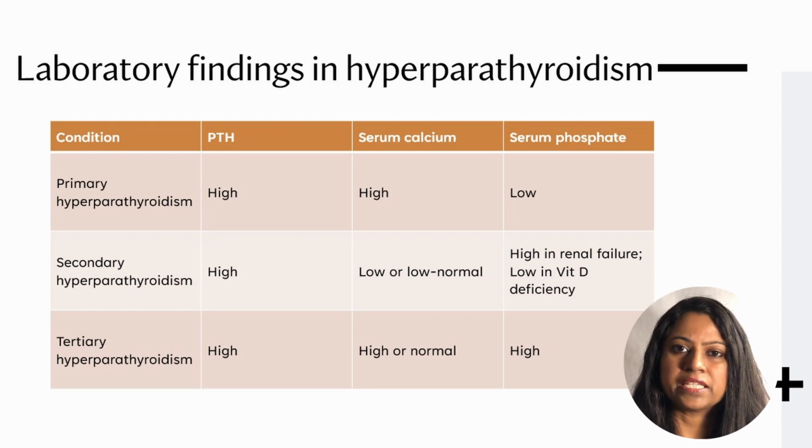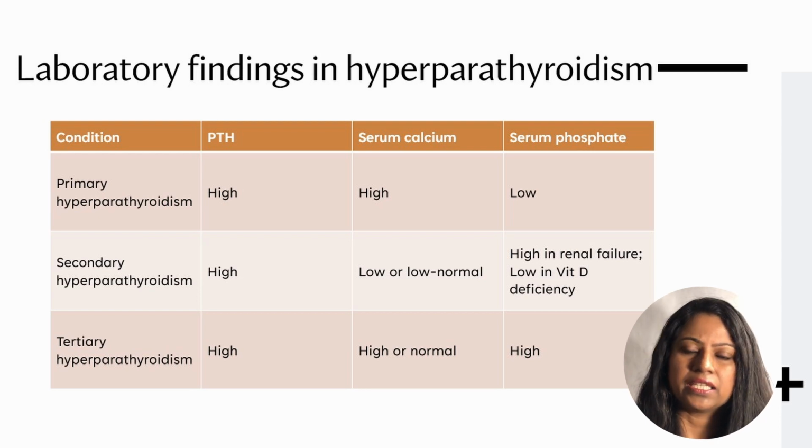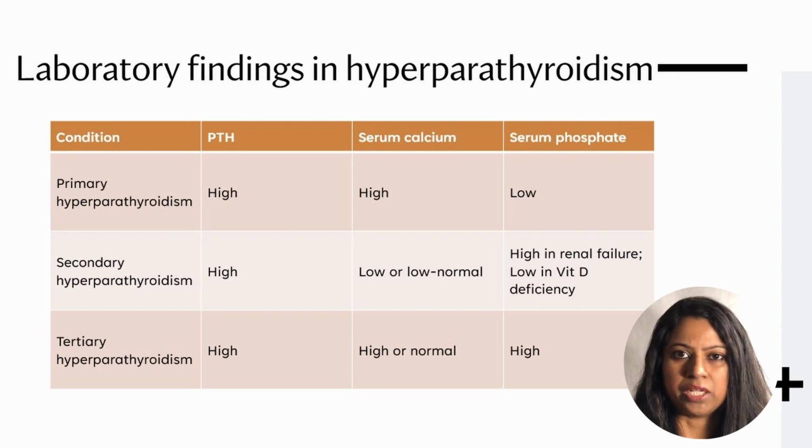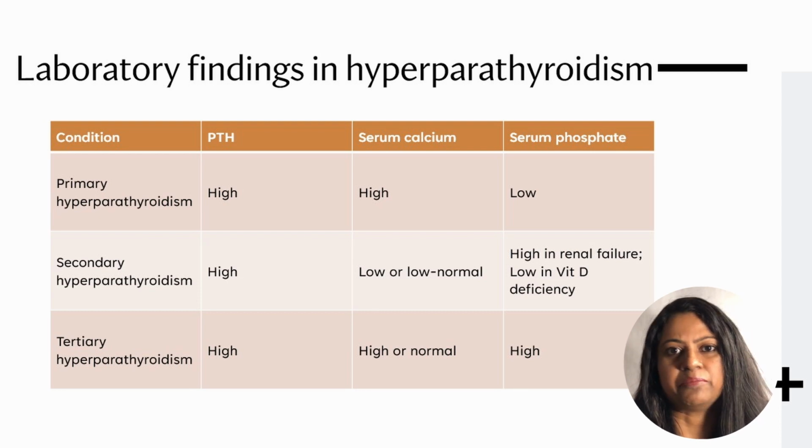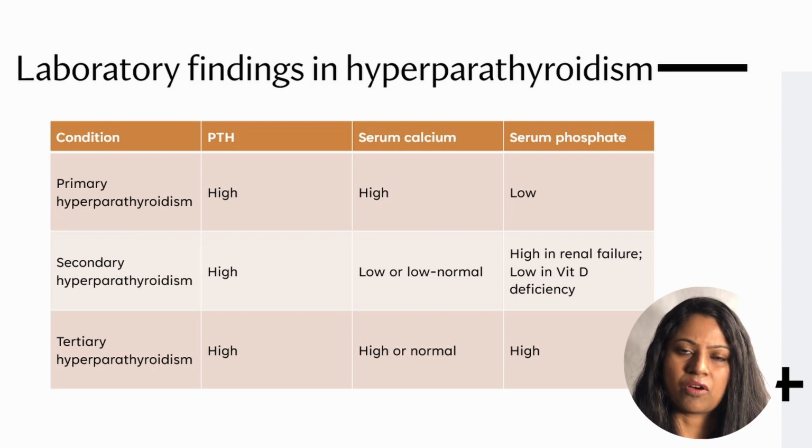If the cause is vitamin D deficiency, then the serum phosphate is going to be low. On the other hand, in tertiary hyperparathyroidism, the PTH again is elevated. The serum calcium is more likely to be normal. The serum phosphate is more likely to be normal, or sometimes it may be high, depending again on the cause.